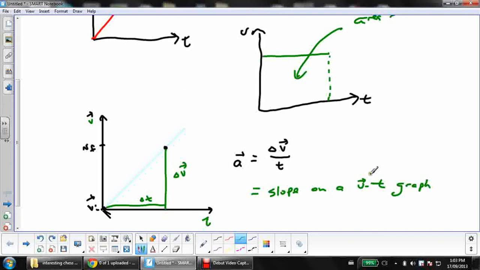So there's two bits of information that I can get from a VT graph. The area under it gives me displacement, or distance, and the slope of it gives me acceleration.